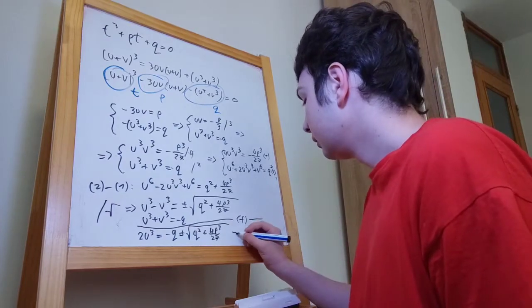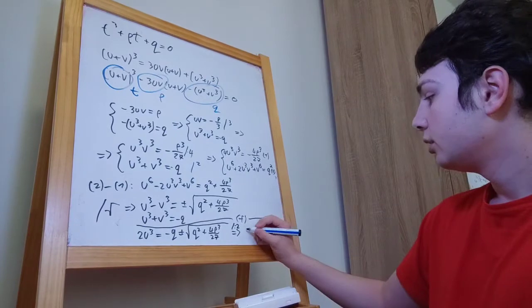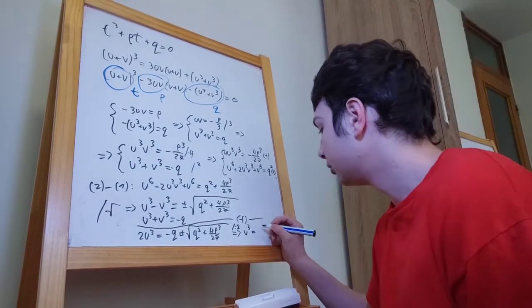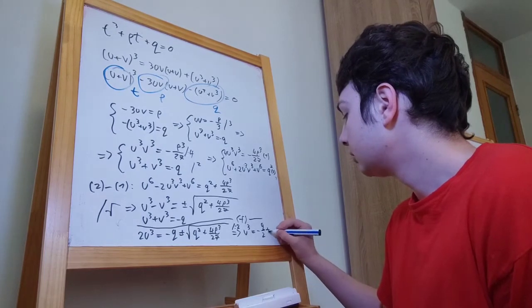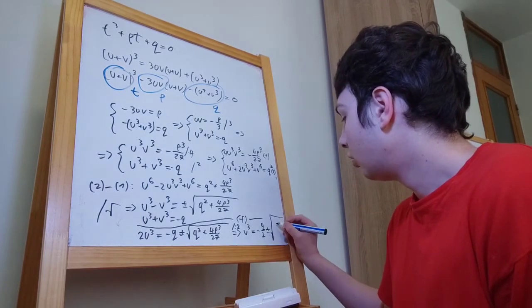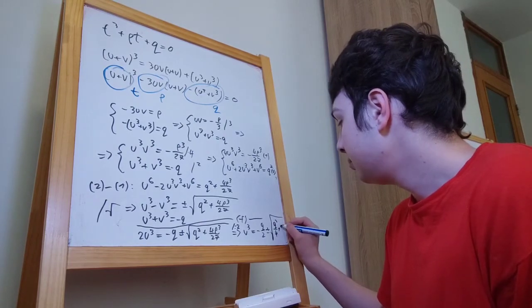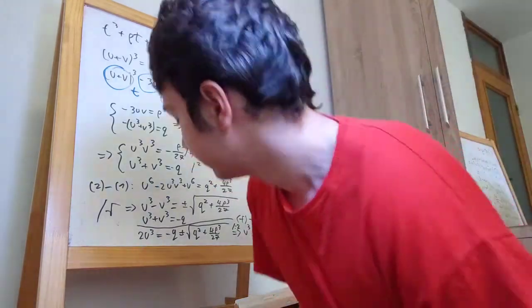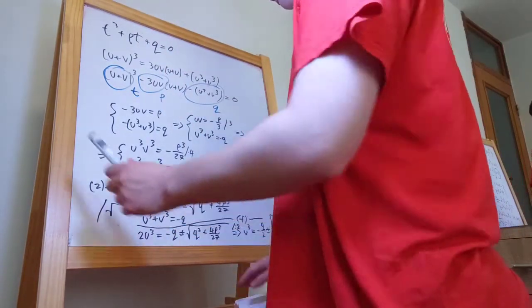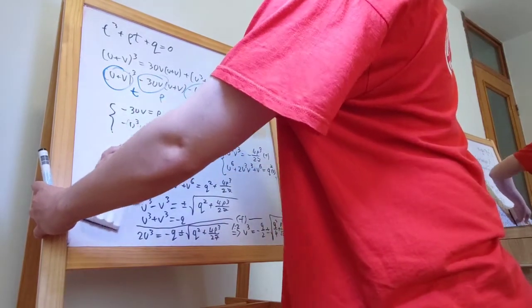And then, if we divide by 2, we get u cubed is equal to minus q over 2 plus or minus the square root of q squared over 4 plus p cubed over 27. Alright, let's just leave out what's important.